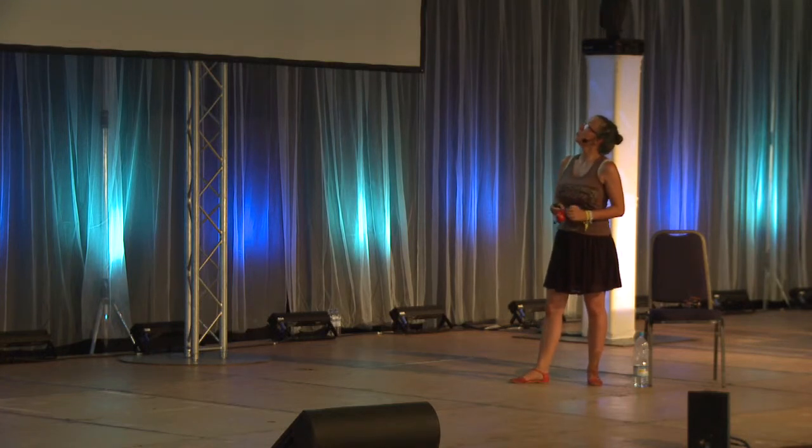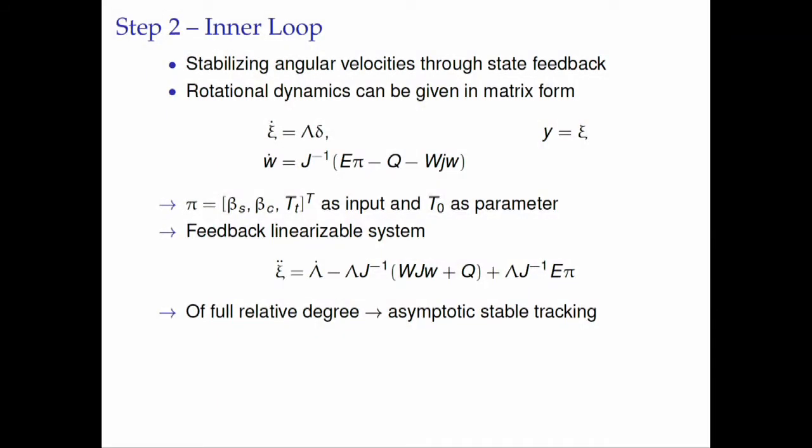So what we do now is we use our three remaining inputs, that is thrust at the tail rotor as well as cyclic and collective pitch of the rotors, to stabilize our three angular velocities. And we do that as well with feedback linearization.